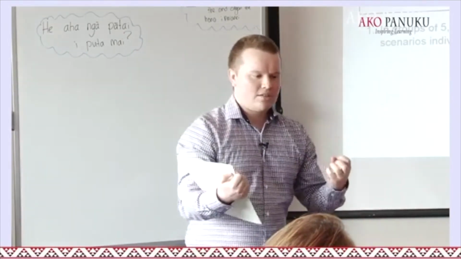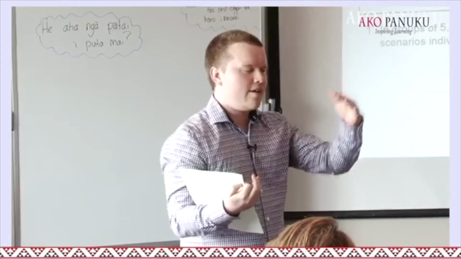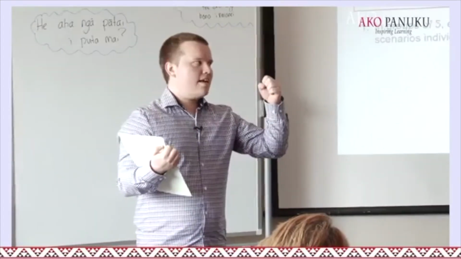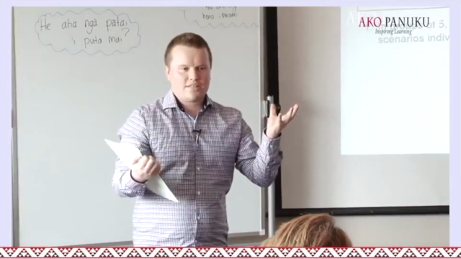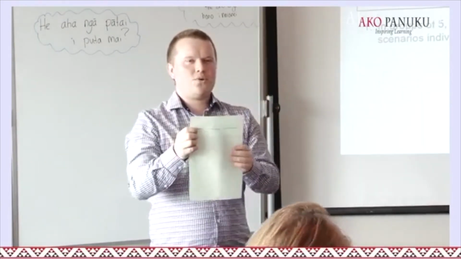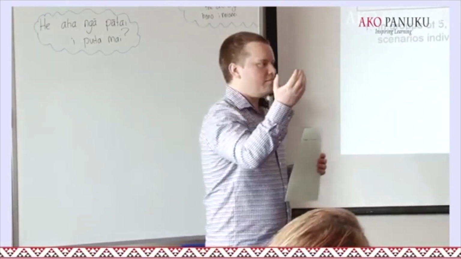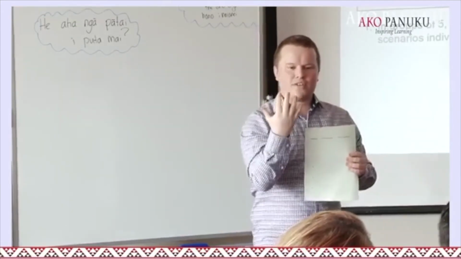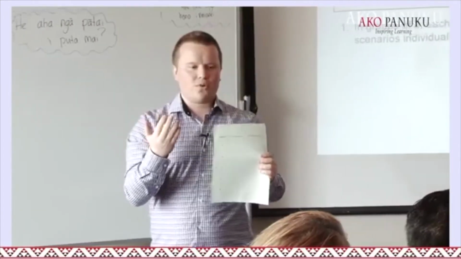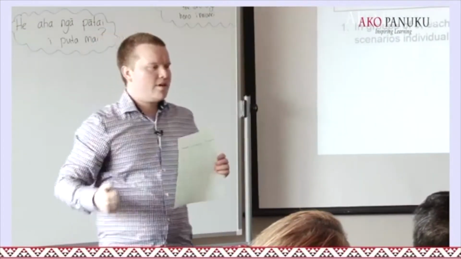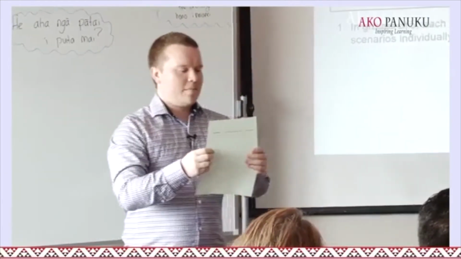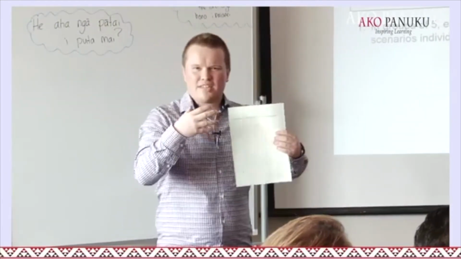Now, what you're about to do is you're going to take a scenario, have a read through, and we want you to pick out practices that enhance good assessment practice. The hoe haepapa. So a hoe haepapa is a hoe that is completely perfect. It's straight. There's no kinks. There's no bumps. It's a perfect hoe. And so for the purpose of rowing a waka, that hoe will get you to the place that you want to go. He hoe kōnukenuke is a hoe that is sort of out of shape.